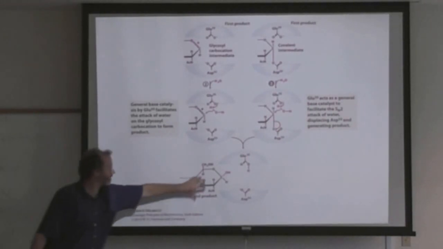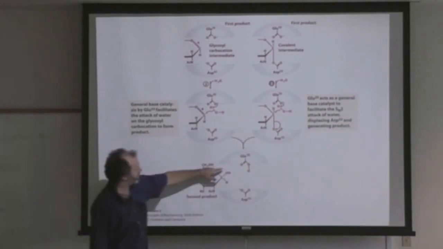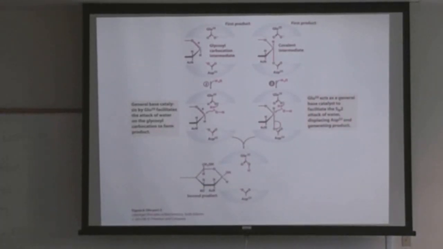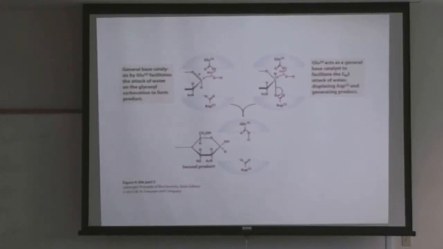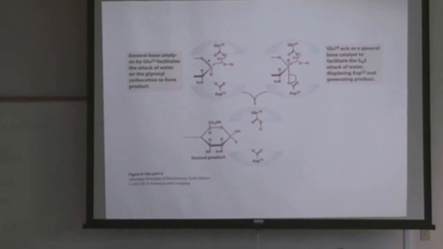And you have your second product leave, and then the glutamic 35 is protonated again, and the aspartate is deprotonated like before. So that's the overall reaction for that.